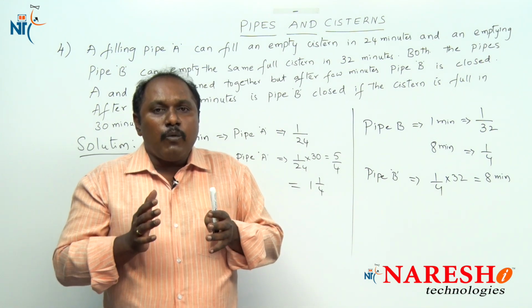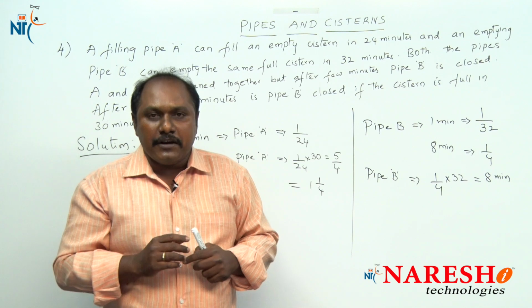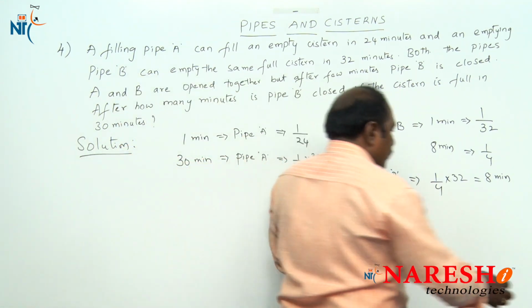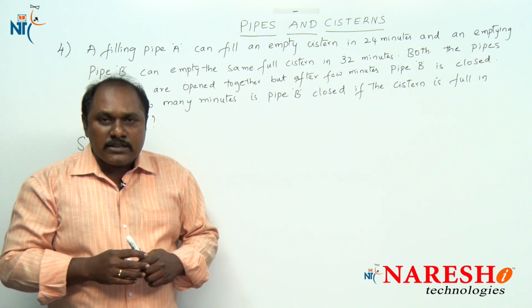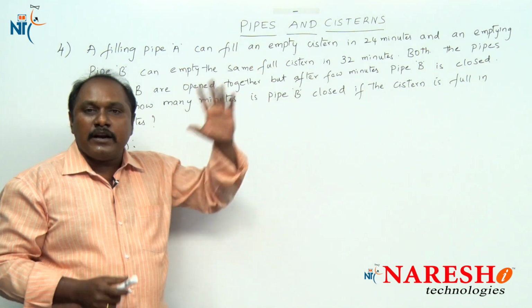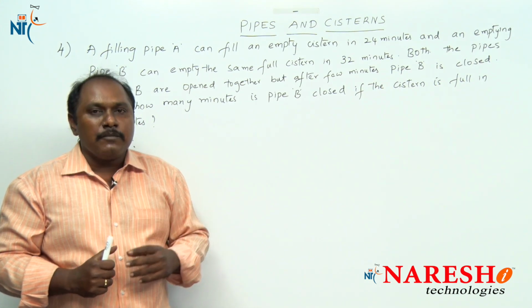Now if you still want to simplify this, you can tell the answer for this question in a simple way. Let us try to understand that method. The simple logical point here is: only a filling pipe can fill a tank. An emptying pipe can never fill a tank. That is the logical point.